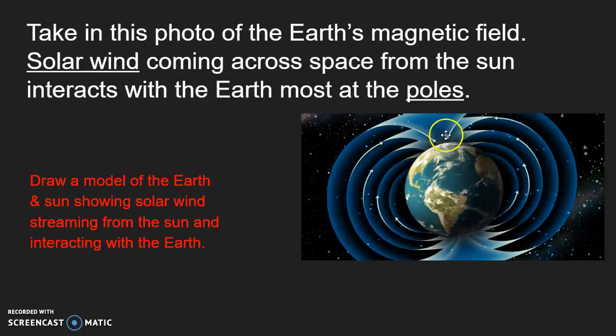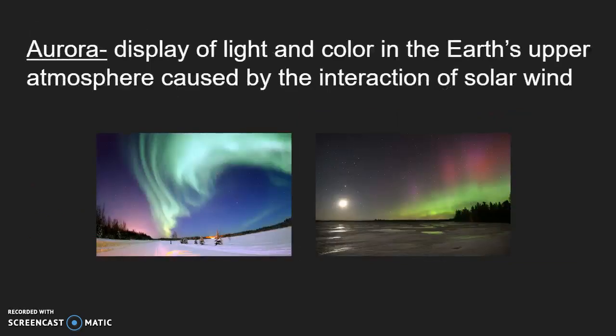When the solar wind comes in, it creates amazing auroras because it excites the atoms in our upper atmosphere, and those electrons start jumping orbital paths and release light in response. So there are some really awesome auroras that occur. Auroras are defined as a display of light and color in the upper atmosphere caused by the solar wind.